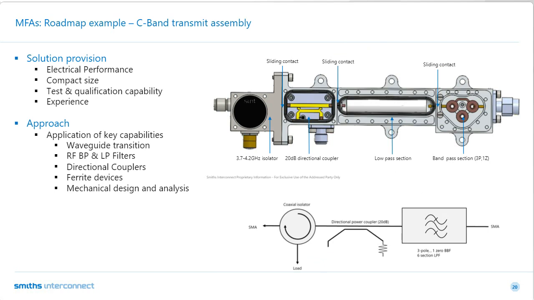And here we have a C-band coaxial assembly, and you have an isolator, a coupler, a low-pass filter section, and a band-pass filter.